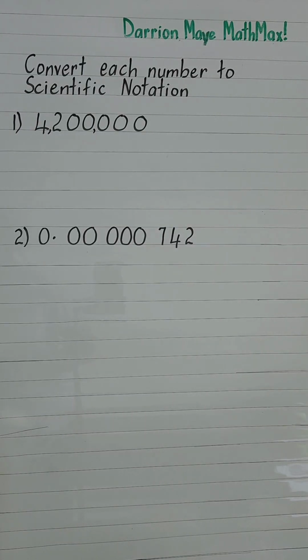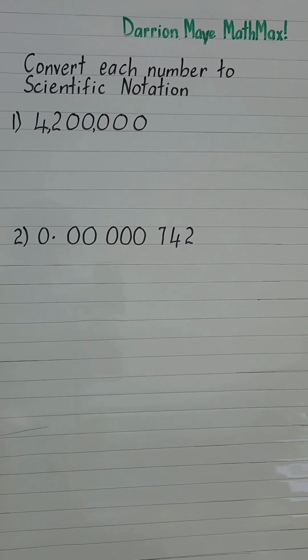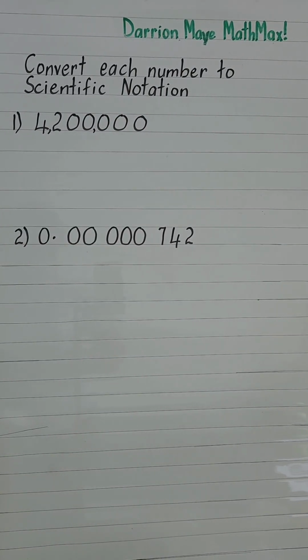One is a large number, 4,200,000, and a small number, 0.0000742.